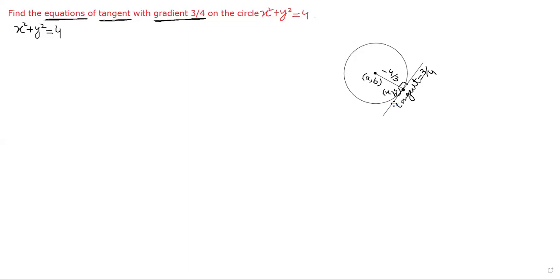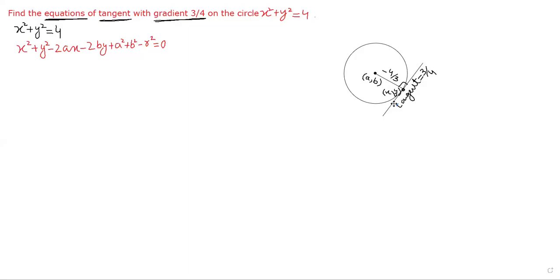While the general equation of a circle is x squared plus y squared minus 2ax minus 2by plus a square plus b square minus r square equals to 0. That is the working which is given to me.